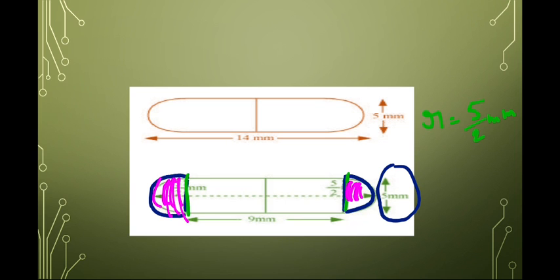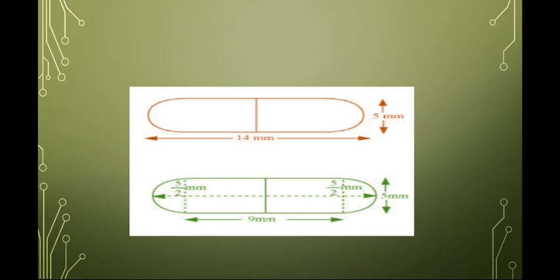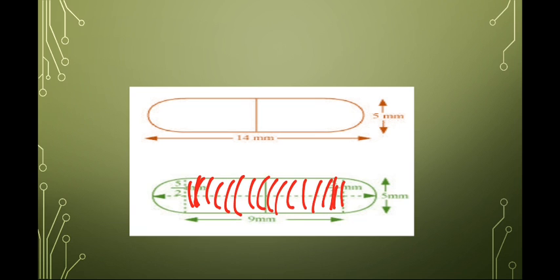Now I have to find the area of this portion also. The area of this portion, from here to here, is equal to the curved surface area of the cylinder. Now what is the formula for curved surface area of a cylinder? It is 2 pi r h, where h is the height of the cylinder and r is the radius of the base of the cylinder.